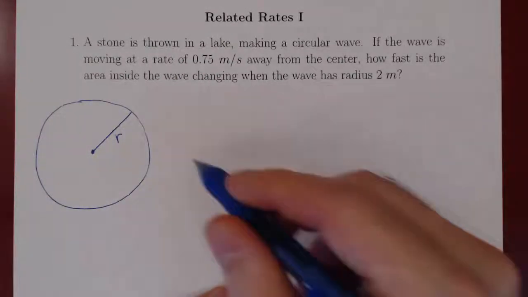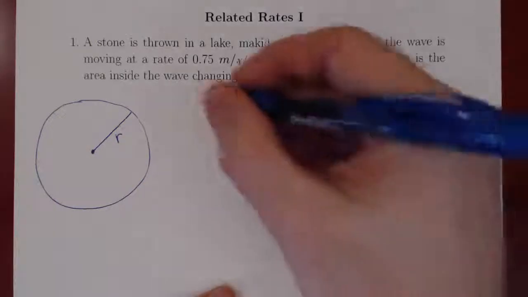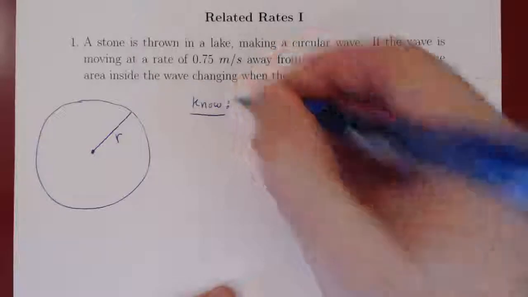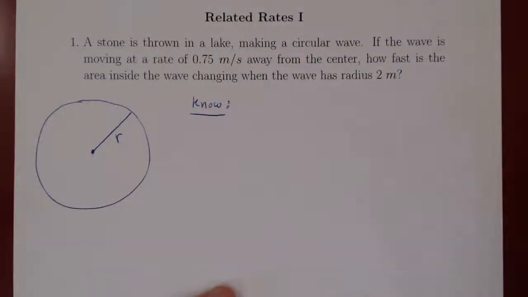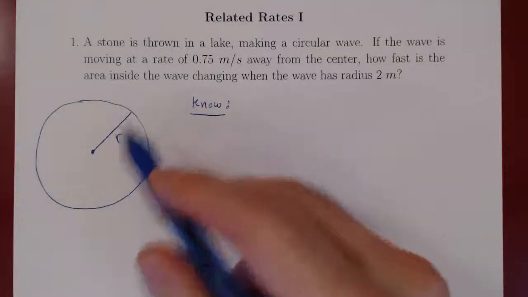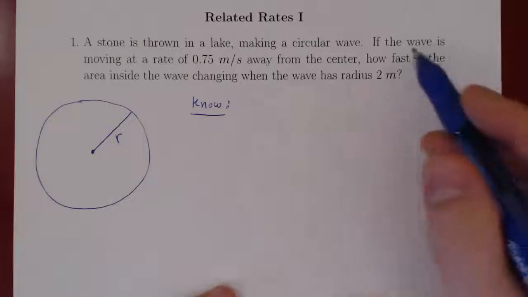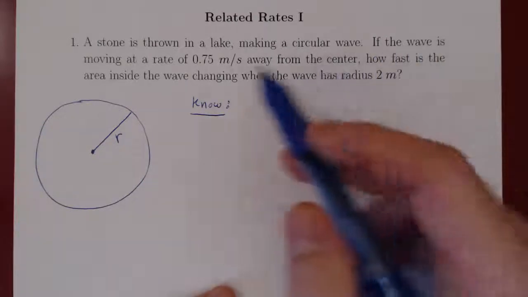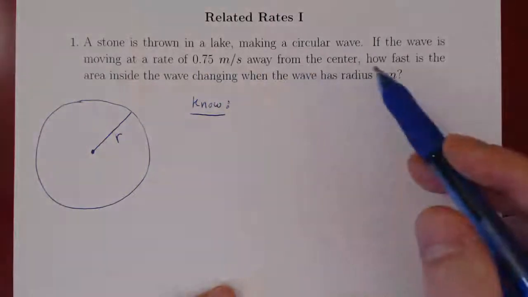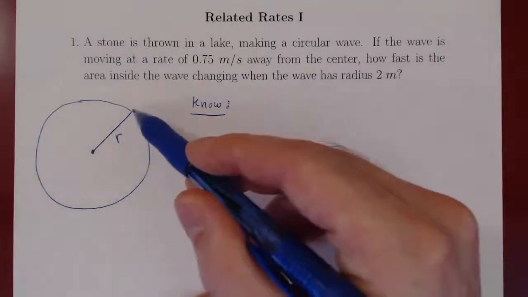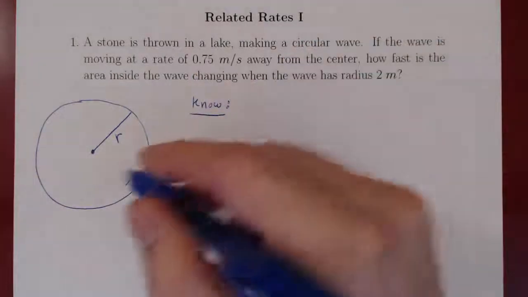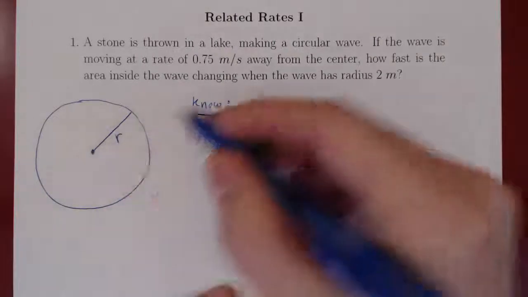Now, what do we know about the radius? Every time you have a variable, you will be given a rate of change for this variable, how fast it is increasing or decreasing. We're told the wave is moving at a rate of 0.75 meters per second away from the center, and that's how fast the radius is changing. But the rate of change is the derivative, right? Suppose that r is measured in meters.